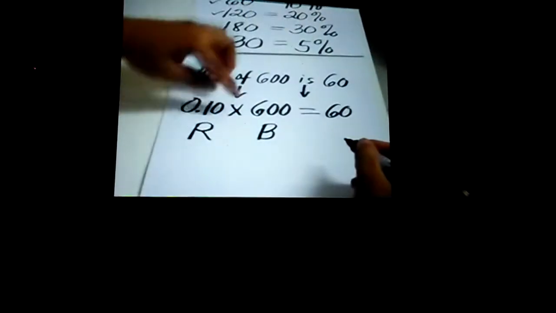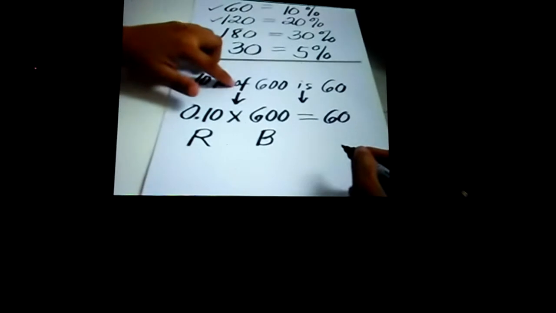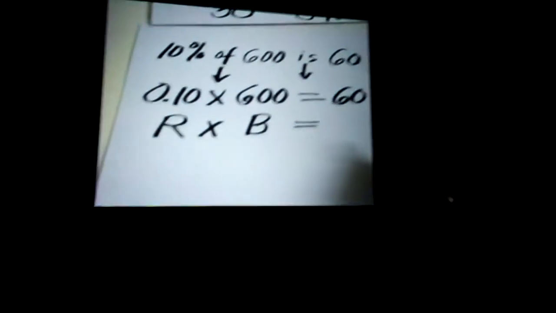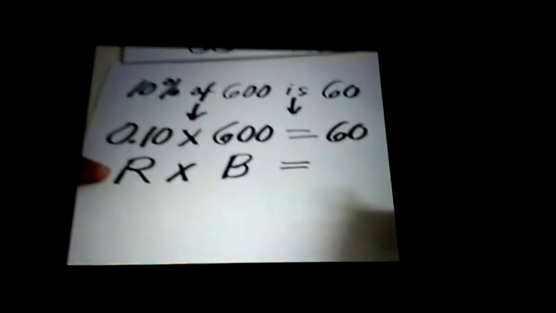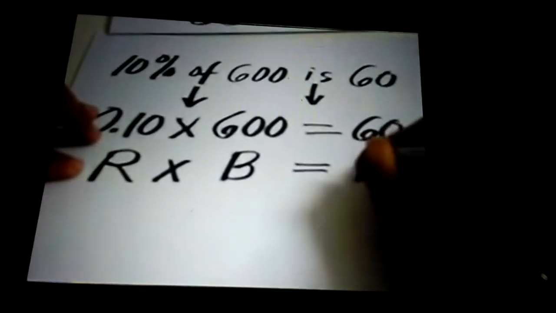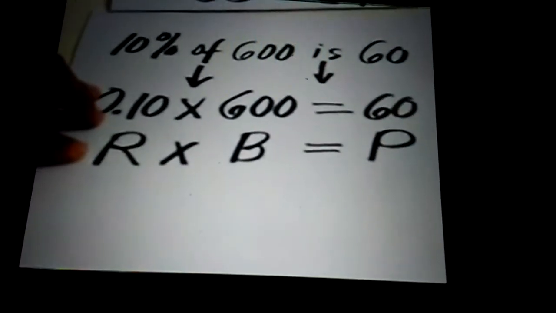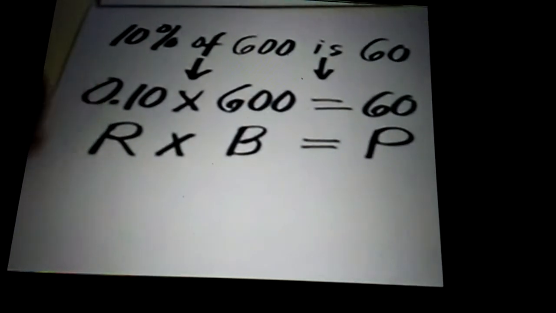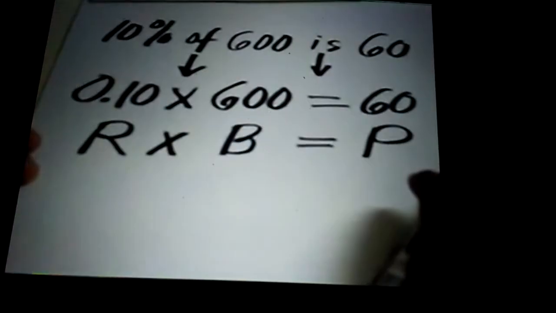It is always the base. You can always see the base after of. And the quantity after the equal sign can either be the rate or the percentage. Since we already have the rate, therefore we know that it is the percentage. So this is our basic formula.